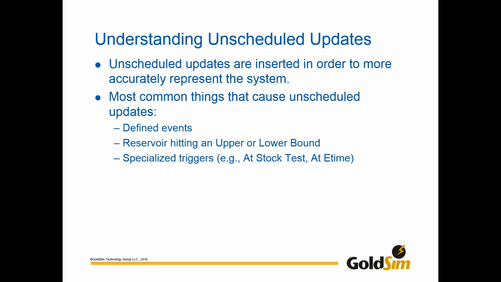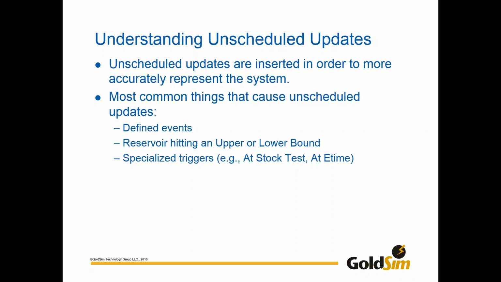What kinds of things cause unscheduled updates? There are a couple of specialized things that cause it, and we'll walk through these. For example, one that you'll hit a lot in a water resources model is a reservoir hitting an upper or lower bound. Let's assume you have a 1-month time step scheduled update. You said, I want to do an update every month.